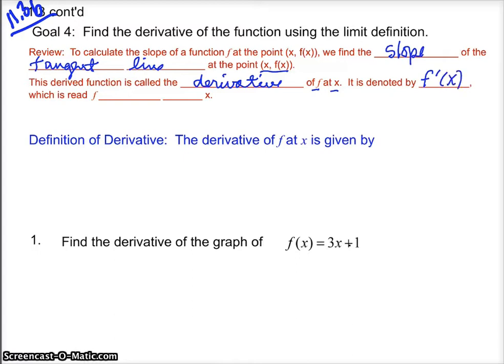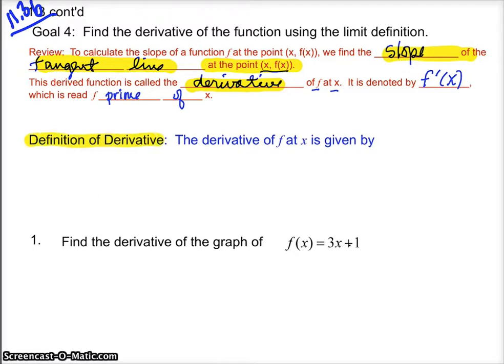Of course, we don't read that f apostrophe x, but it's read f prime of x. So the derivative is another word for the slope of the tangent line at a point x, f of x.